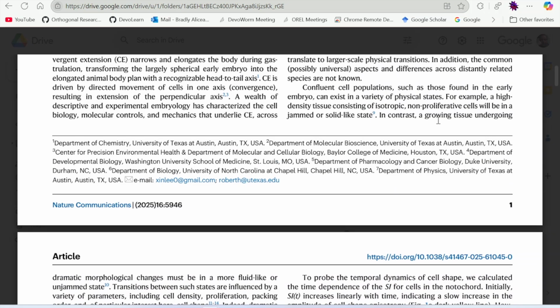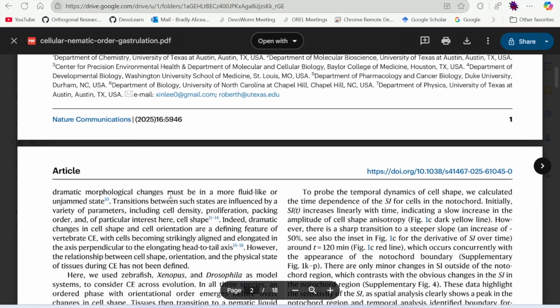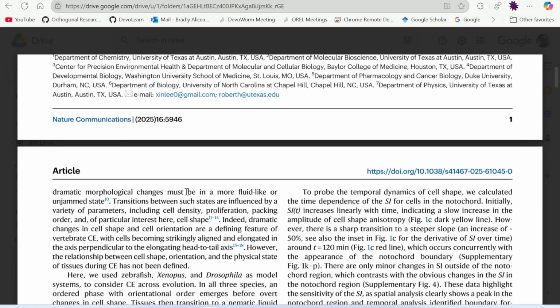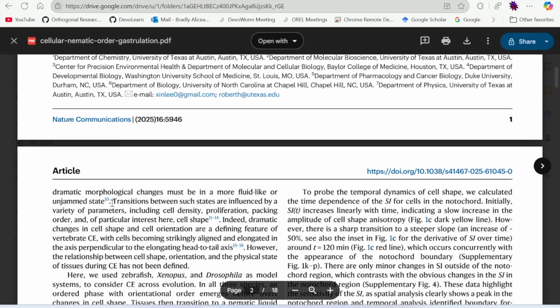So, this is in contrast to a growing tissue undergoing dramatic morphological changes where they must be in a more fluid-like or unjammed state. So you get these unjammed states and jammed states, and you get these phase transitions in between. And I think we've run into a number of papers where people have proposed these different transitions between jammed and unjammed states.